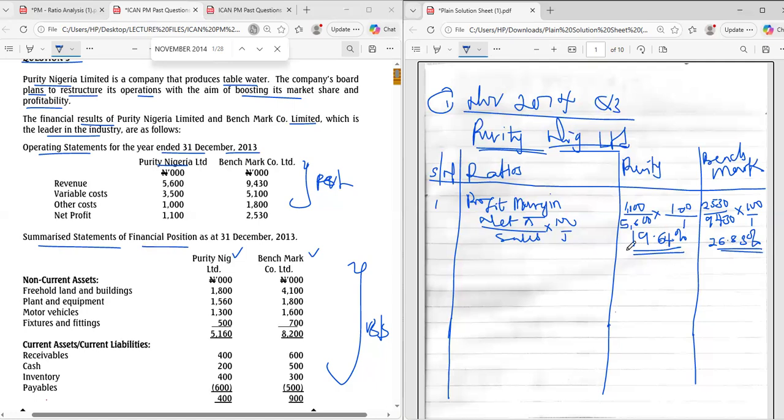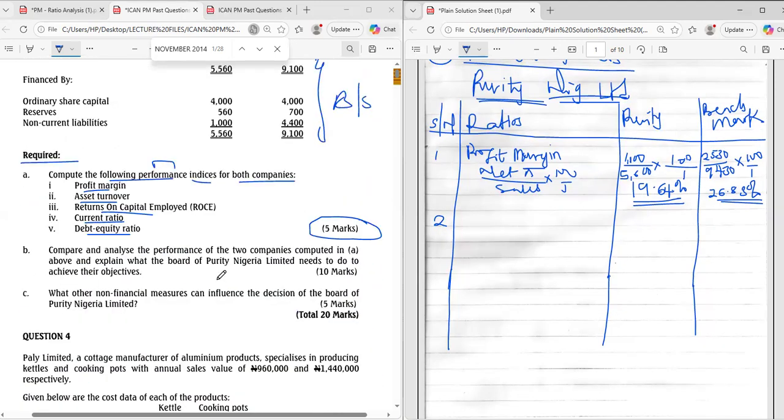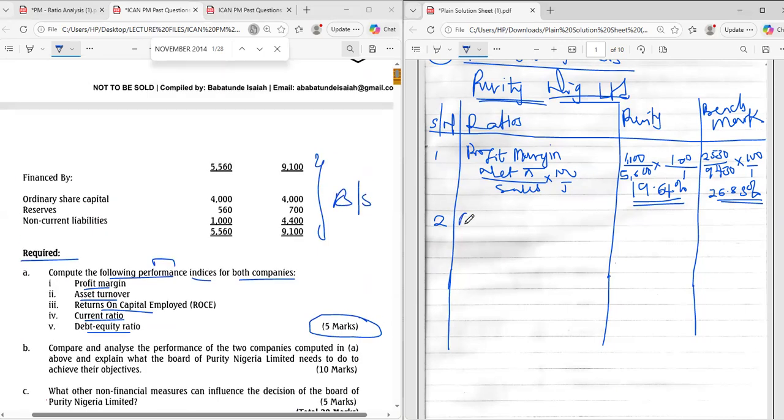Okay. Which one is performing better and why? Benchmark is performing better. Why?